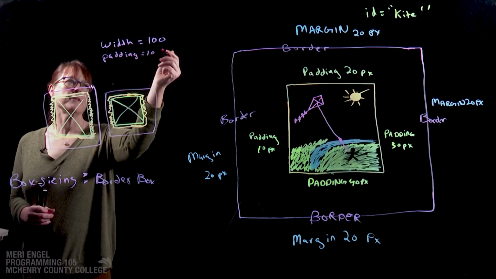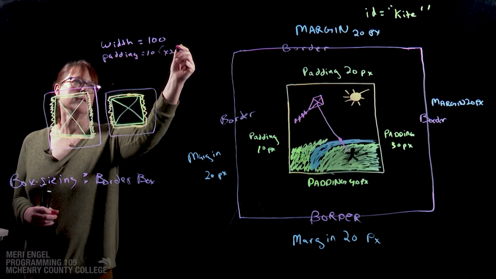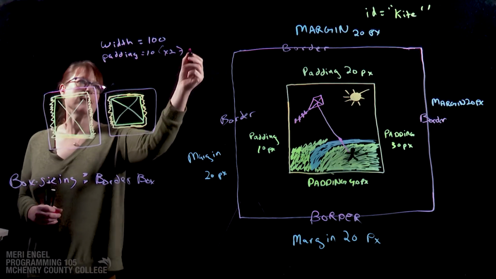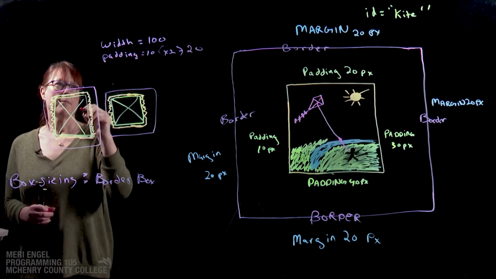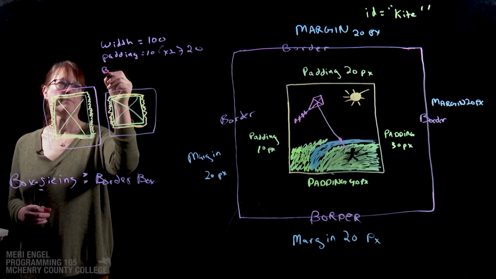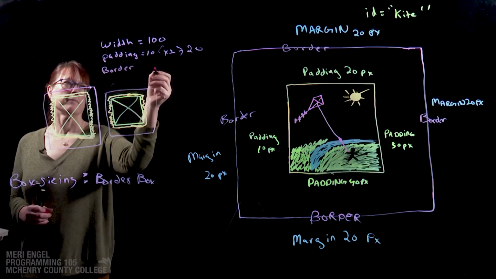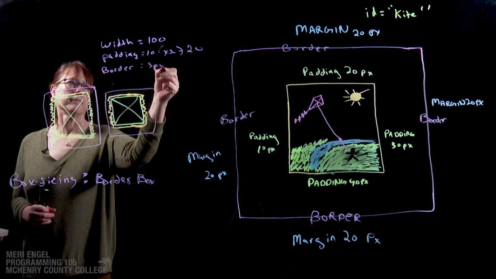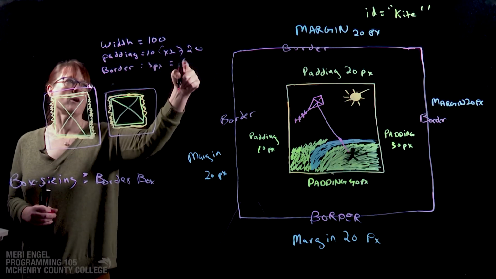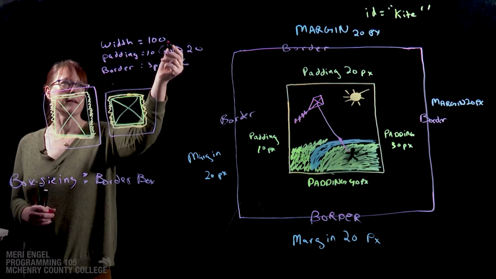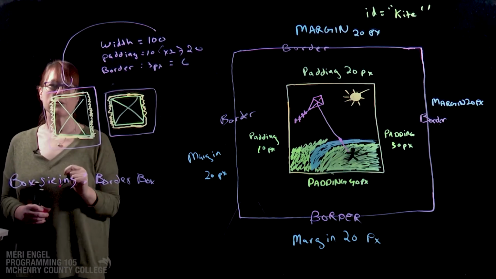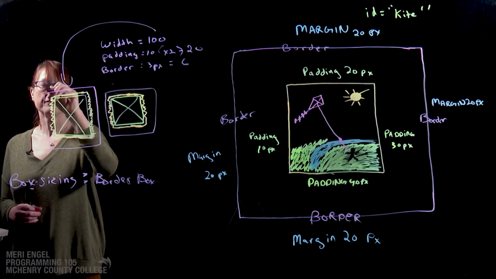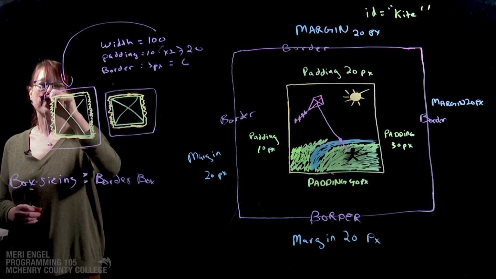And we multiply it by 2 because it's on each side, so that adds 20 pixels to it. Let's say we have a border that's 3 pixels. That equals 6. So our 100 pixel image takes up 126 pixels of space. Total width.